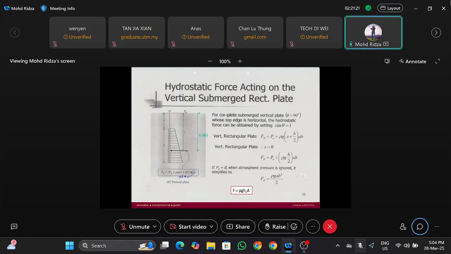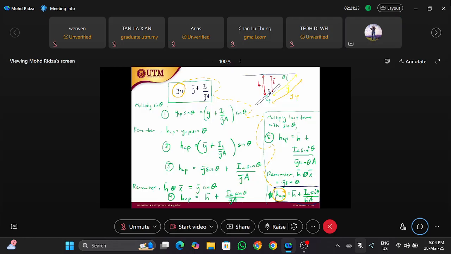Where is the equation here? This equation. If you look at the equation at the bottom here, HCP equals H bar or HC plus IC sine square theta. This term is the additional term. If I remove this, HCP will be equal to HC.